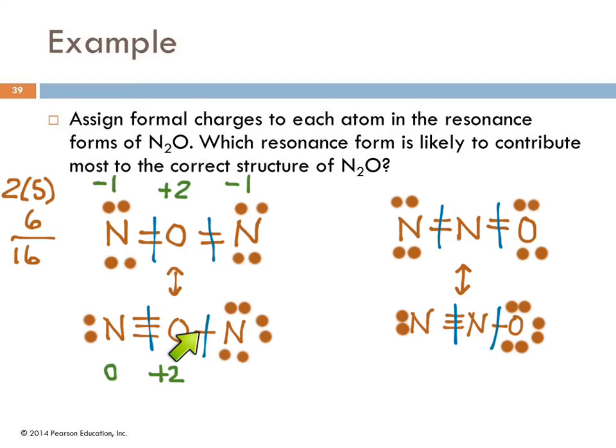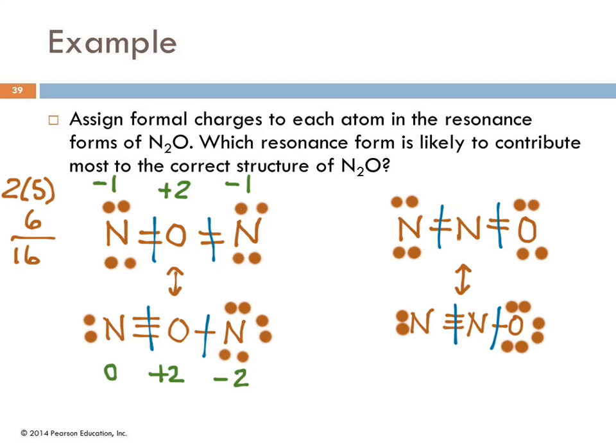Nitrogen has 5 valence electrons. How many does it own in this structure? 7. 2, 4, 6, and this one, 7. Are you seeing how I'm getting the ownership? Is that making sense? Because if that doesn't make sense, the whole thing's a big old mess. So 5 minus 7 is -2.